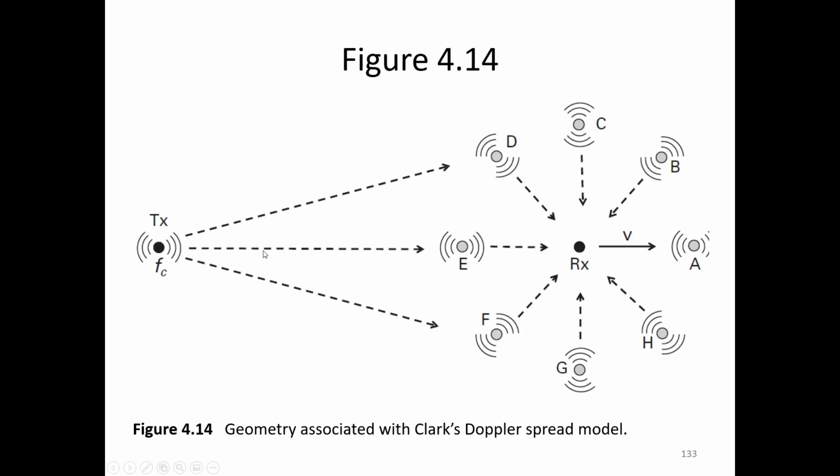You can see that the energy is scattered by the scatterer A and the scatterer E, and the frequencies are Fc plus Fd and Fc minus Fd, respectively.